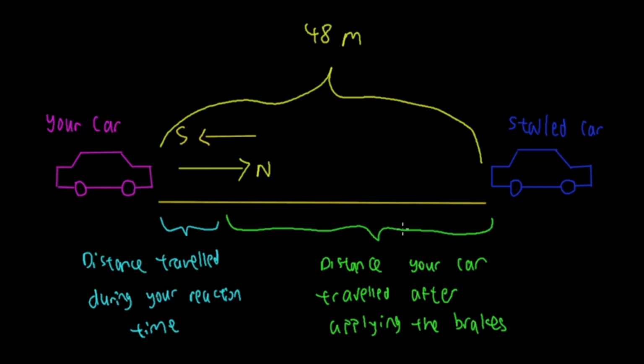Now, then we can calculate the distance traveled during your reaction time easily. It's the total distance, which is 48 meters, minus the 45.2 meters here, right? The distance your car traveled after applying the brakes is subtracted to get the distance traveled during your reaction time. So let me write this.